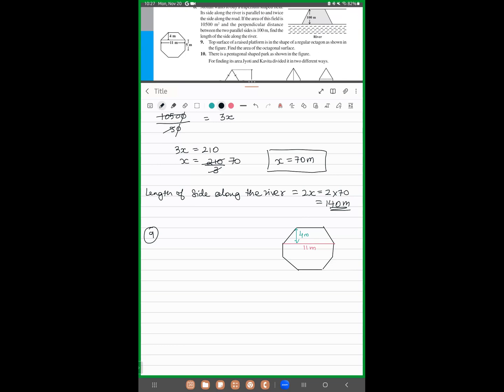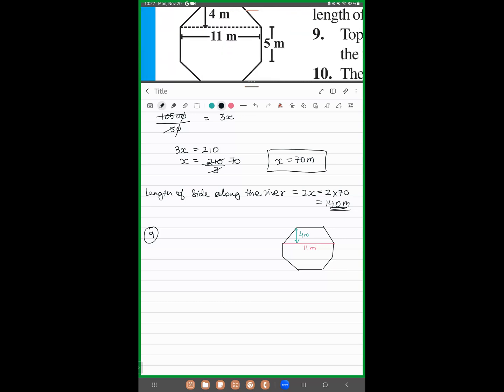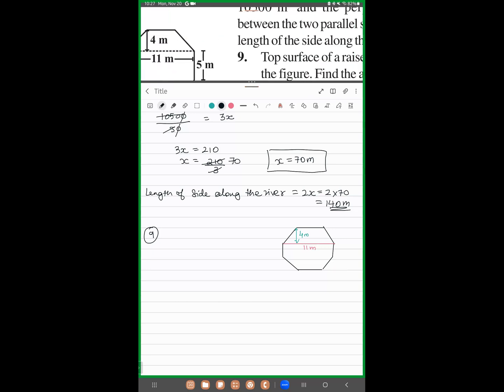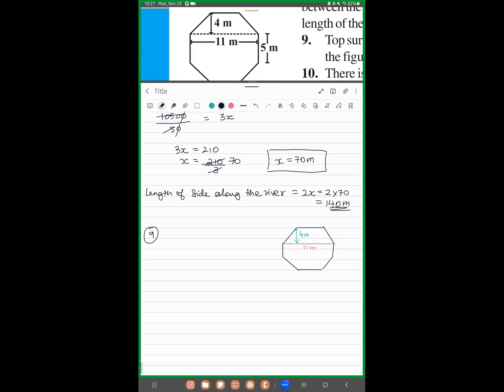You can say equilateral. And over here, they are telling you the side length is 5 meters. So if one side is 5 meters, that means every side is 5 meters, right? So every single side is going to be 5 meters.